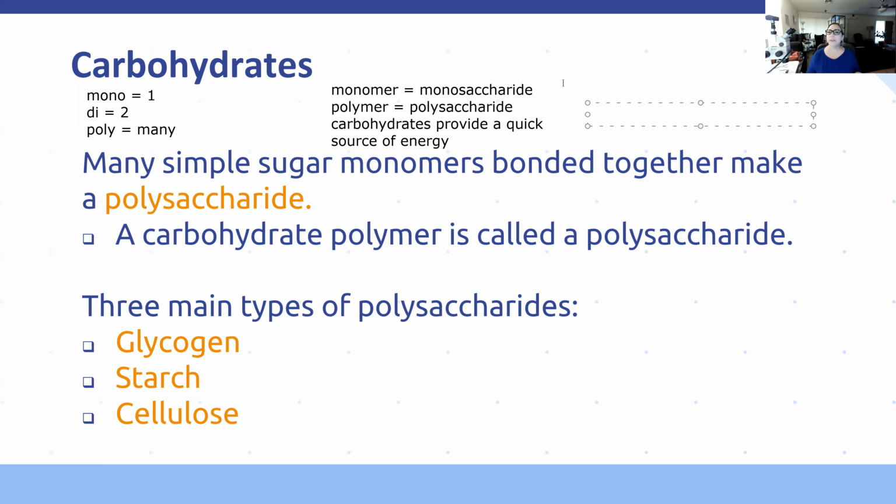And then the 3 polysaccharides I'm going to talk about have a slightly different function. When I say a quick source of energy, I am talking primarily about your monosaccharides and sucrose. So the 3 types of polysaccharides that you need to know their names and their functions are glycogen, starch, and cellulose. I'm going to talk about those right now.